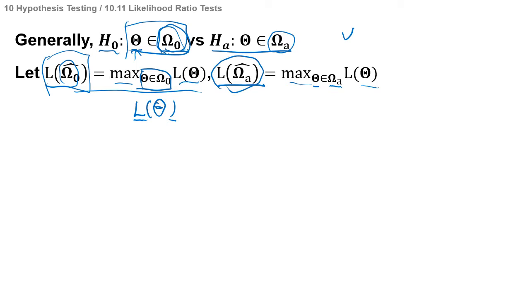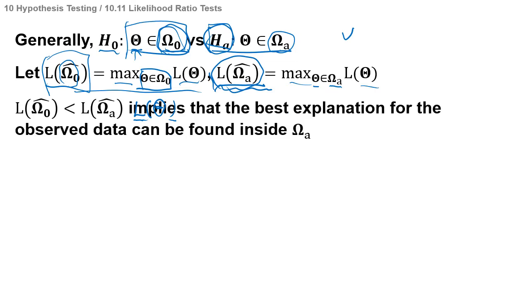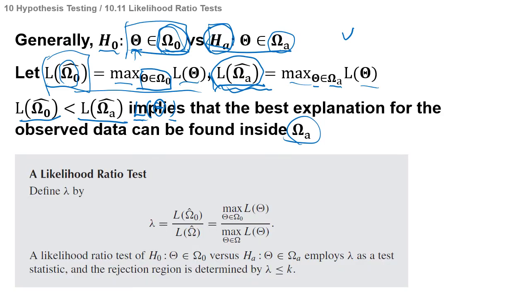In what situation would we prefer the alternative hypothesis space? If the alternative hypothesis is true, then the L omega alternative hat value should be larger than the null likelihood. This implies that the best explanation for the observed data can be found inside the alternative space. This is how we make the likelihood ratio test.